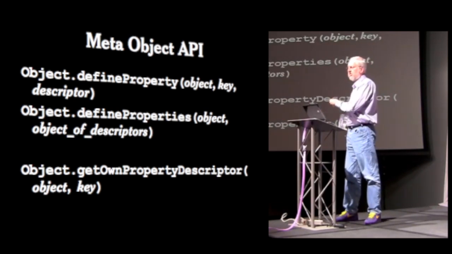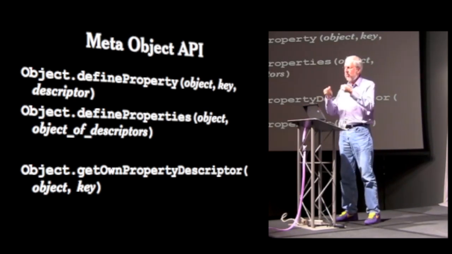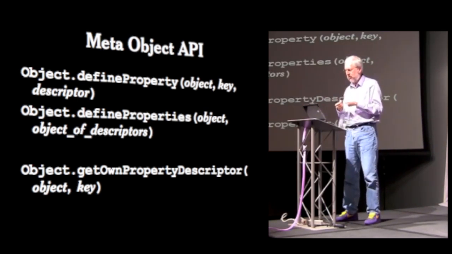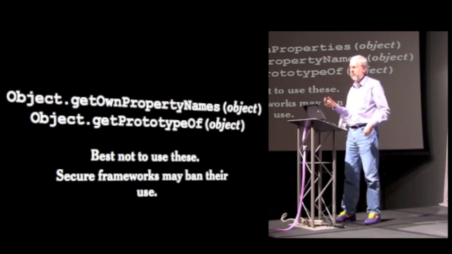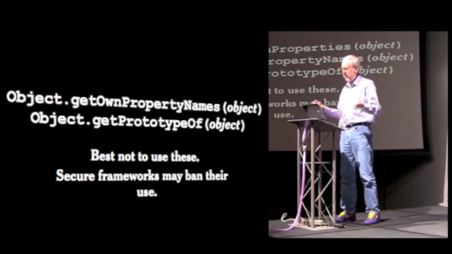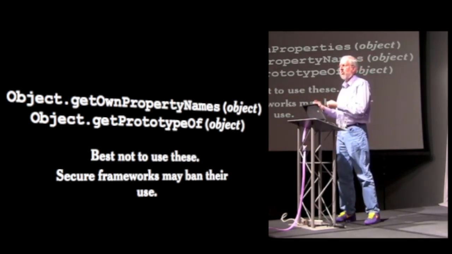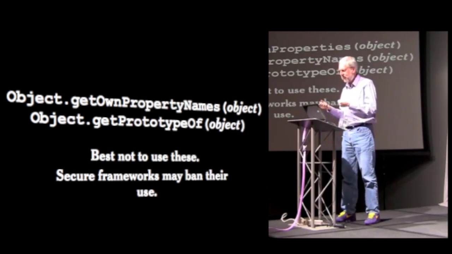We also have functions which will retrieve these values for you. So we've got getOwnPropertyDescriptor. You give it an object and a key, and it gives you back one of these objects which describes the attributes. There's also getOwnPropertyNames, which is like keys, except it returns all of the owned properties, even the ones that are not enumerable. And we also have a getPrototypeOf function.